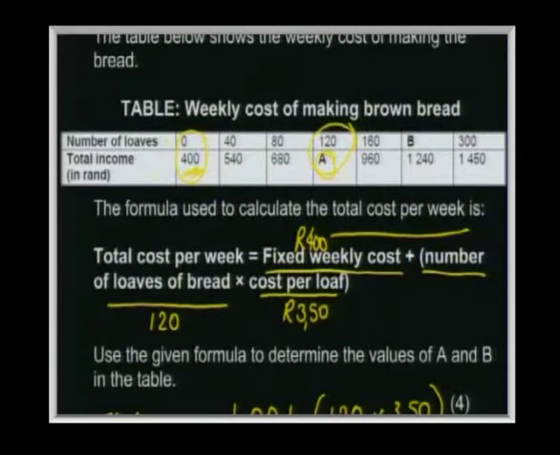And I'm going to fill it in here so I remember. The next thing I'm looking for is B. And this one is the number of loaves. So we're actually looking for this amount here, and we have the total cost.